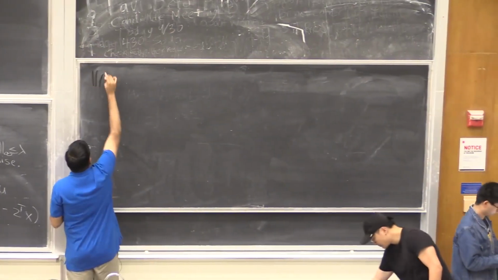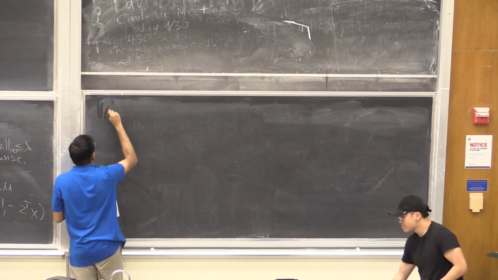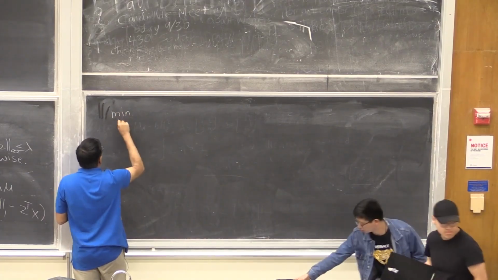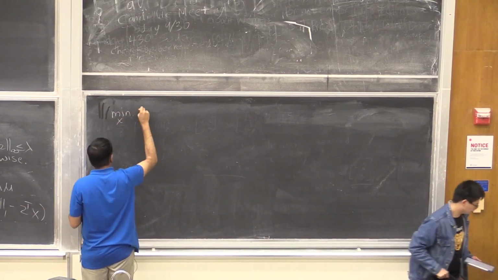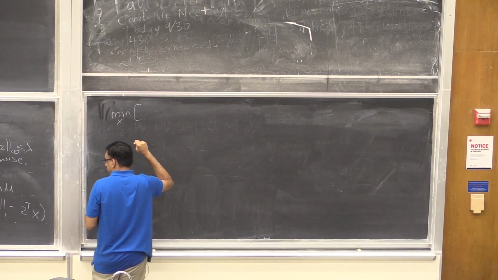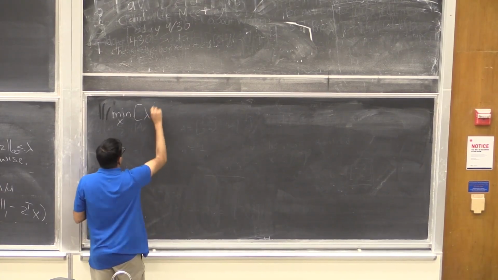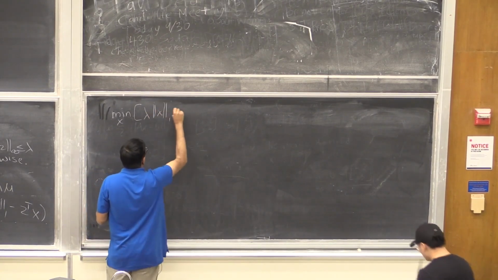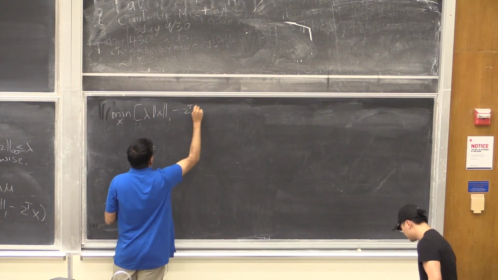So now we just want to solve this problem. Min over x of lambda times 1 norm of x minus C transpose x.